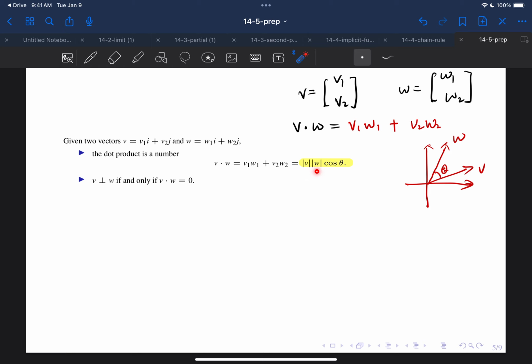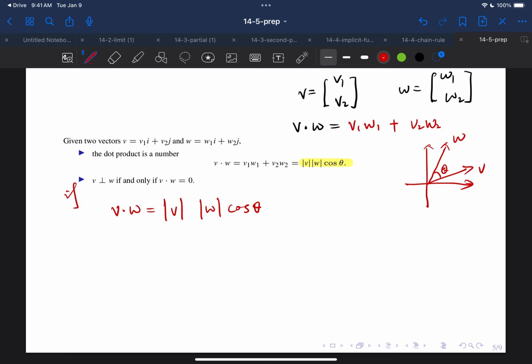But using this cosine formula, we can have an easier criterion to identify whether two given vectors are perpendicular or not. From the cosine formula, v dot w is the length of v times the length of w times cosine theta.